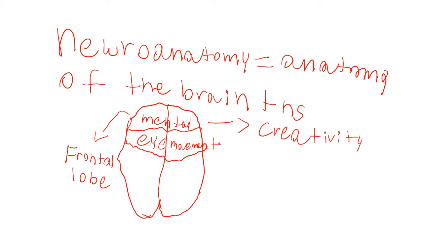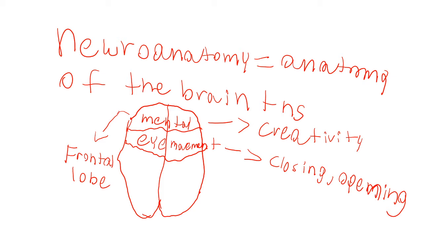So eye movement occurs over here, the movement of the eyes, the orientation of the eyes, the closing and opening of the eyes. That's that area of the brain.